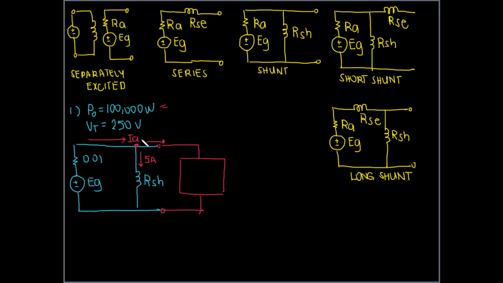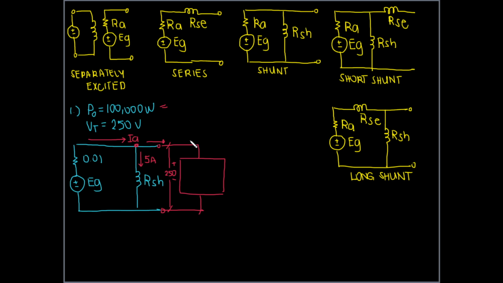It says at rated voltage, so it's 250. So the rating of the terminals of the generator is 250. So this is 250. And it also says at rated current.